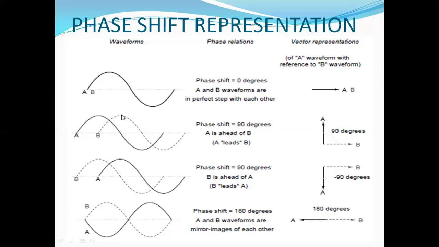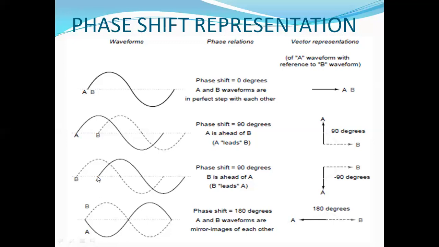A is 90 degrees ahead of B, so its phasor makes an angle of 90 degrees with your baseline, that is the 0 degree axis, and this is the phasor representation of A, while this horizontal line along the positive x-axis is the phasor representation of B, and this is the angle or phase shift between A and B, that is a 90 degree angle.